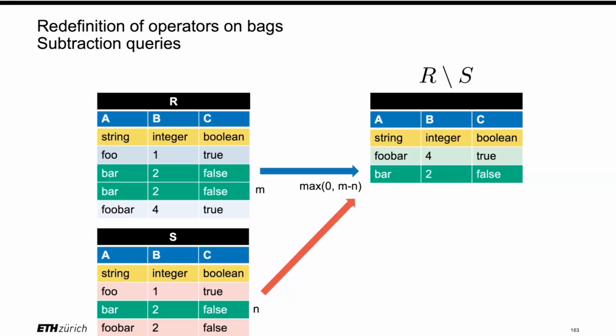For intersection, min of m and n. And for subtraction, it's the max of 0, m minus n, which essentially means m minus n, but taking 0 if it's negative. You see that it's asymmetric, right? Because subtraction doesn't commute, as you might remember.